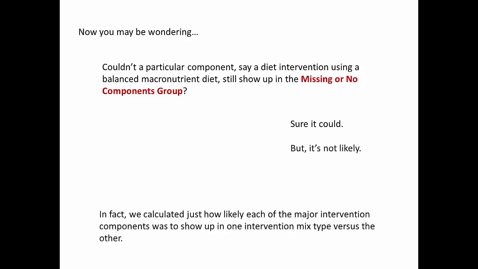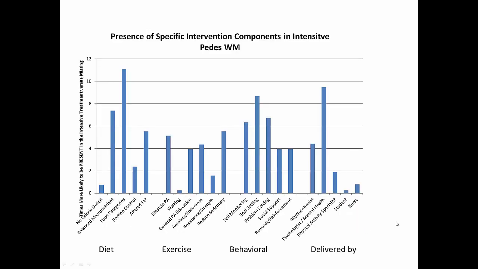In fact, we calculated just how likely each of the major intervention components was to show up in one of our intervention mix types versus the other. So we see here that once we have calculated basically the risk of any particular component appearing in the multi-component intensive treatment, we see that basically anything above that red line there is much more likely to occur in the intensive intervention.